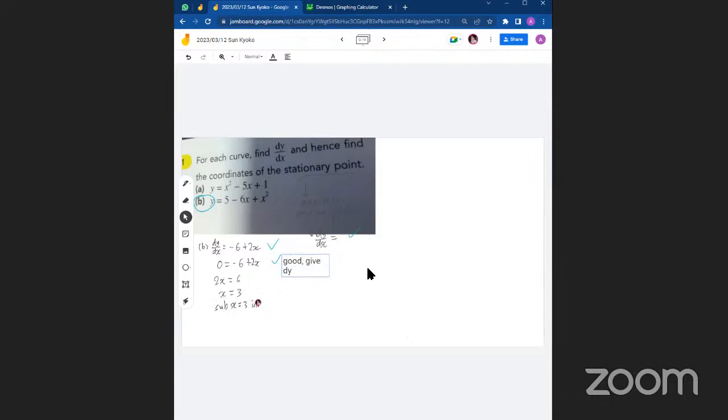Yeah. Good. So give it a try. How do you write that down? 2 over 3 divided by x. Write down here, right?